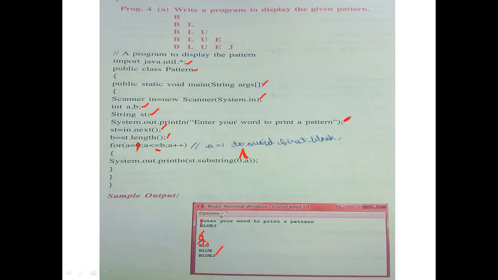Three or four lines, okay. Here, accept the common lines. Three or four lines are there to print a pattern like this. Check once.